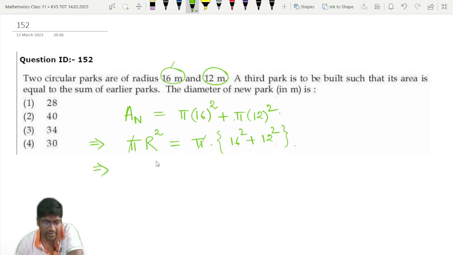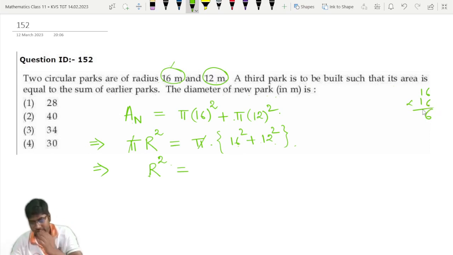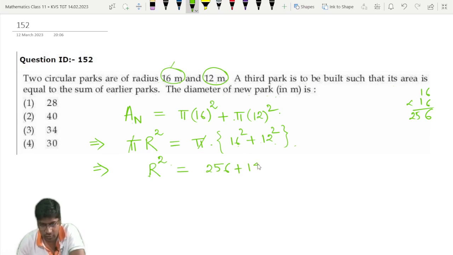So what is R? That is the radius, not the answer. We have to find the diameter of the new park, which will be twice the radius. 16 square means 256 and 12 square means 144.